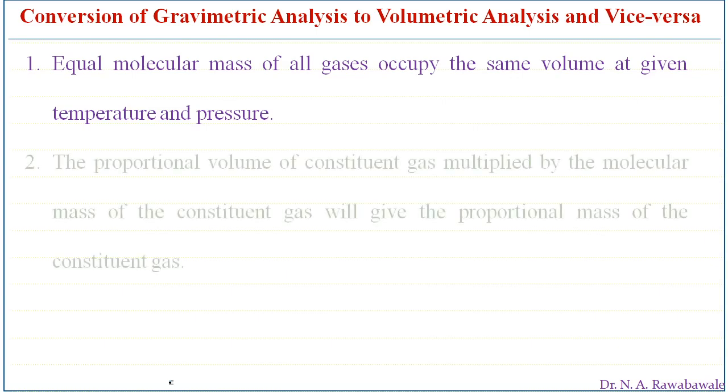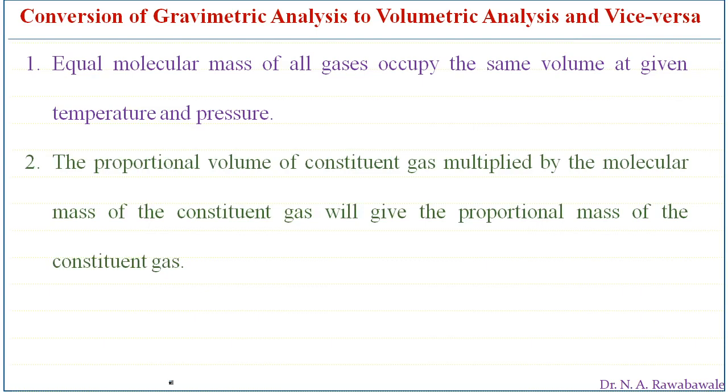Now the second thing is that the proportional volume of a constituent gas multiplied by the molecular mass of the constituent gas will give the proportional mass of the constituent. So if the volume analysis is known to us, for example the flue gas is collected and analysed, and from that analysis we obtain the percentage of carbon dioxide present in the flue gases on the volume basis.